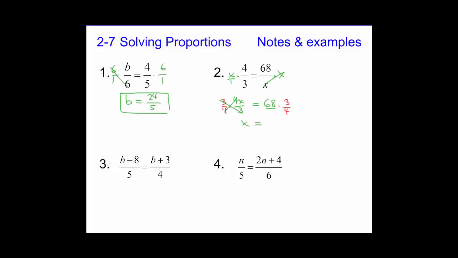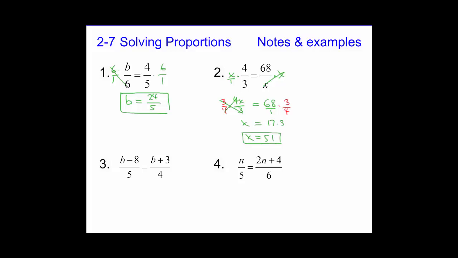And then over here on the right-hand side, I think of that as 68 over 1, and then I can multiply this. Now, I can do the multiplying first and then divide by 4, but I think it's probably easier to divide by 4 first and then multiply by 3. 68 divided by 4 is 17, and 17 times 3 makes 51. So x equals 51 is the correct answer.